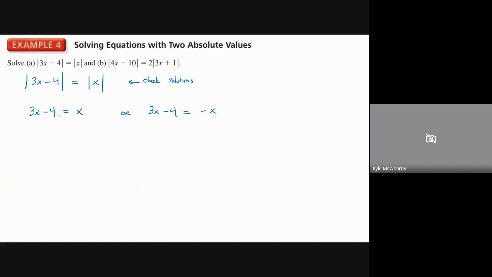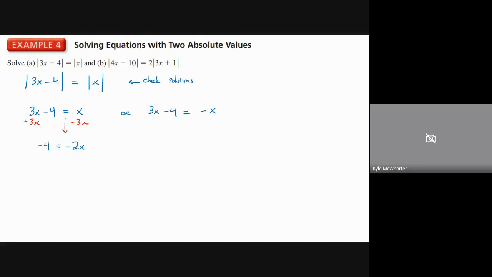So let's solve. Let's see, we've got x on both sides. So I'll subtract 3x from both sides of the equal sign. And that's going to give me 3x minus 3x is 0. So that'll be negative 4 equals x minus 3x, which is negative 2x.